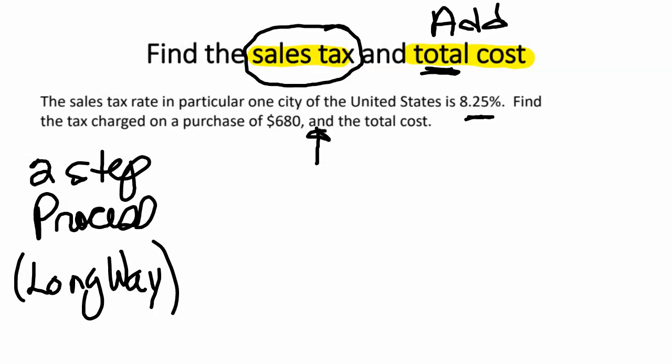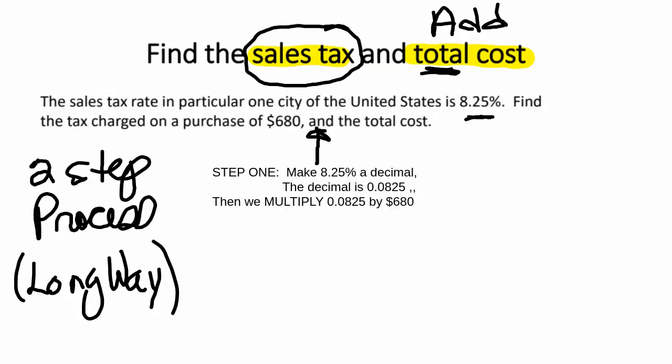The decimal is 0.0825. Then we multiply 0.0825 by the cost of the product, $680.